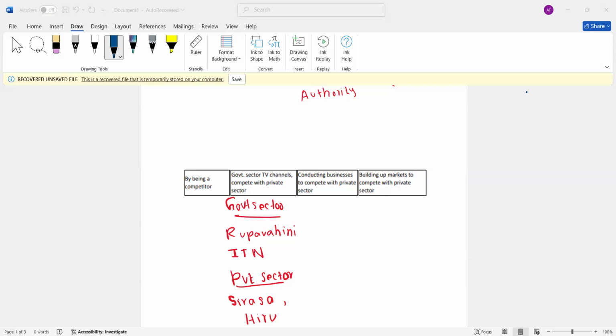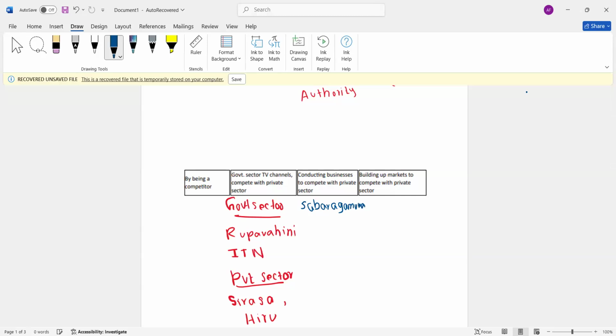So they compete with the private retailers in the Sabragamuwa province. That is by being a competitor, provincial council. I didn't take Western, I took Sabragamuwa because you might think I'm always Western. So you can write Sabragamuwa.